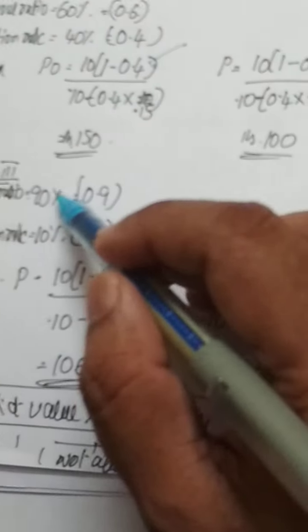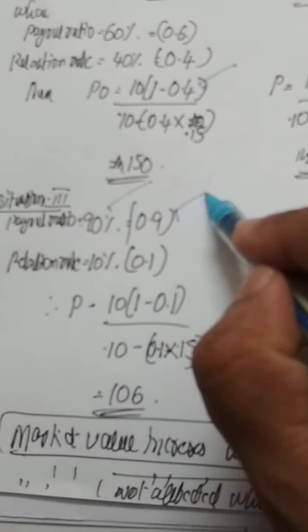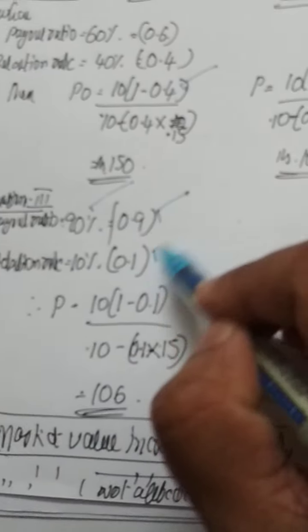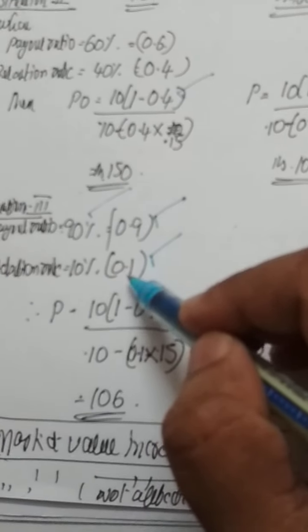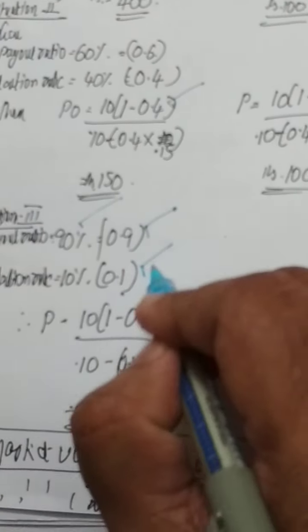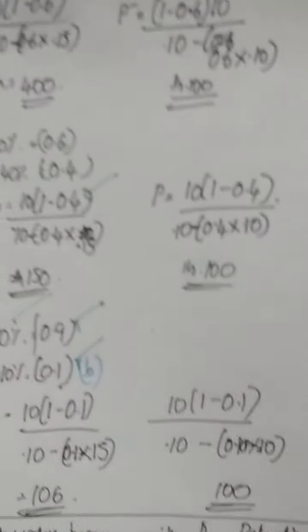In the third case, payout ratio is 90, meaning payout ratio is 0.9 and retention ratio is 0.1. The retention ratio is nothing else but B. So we will get all the things related to the problem.